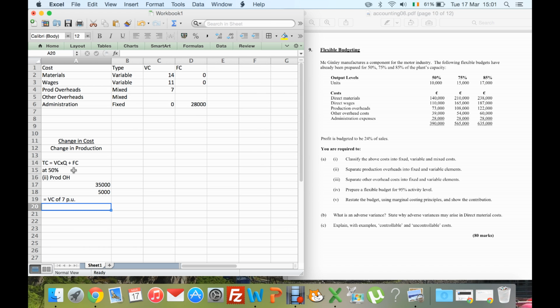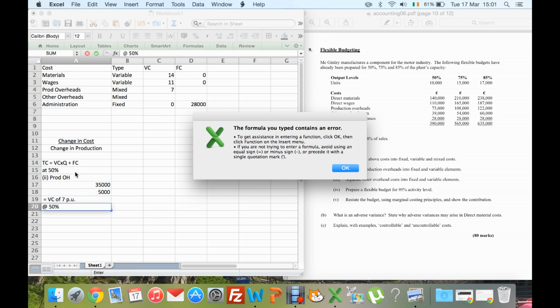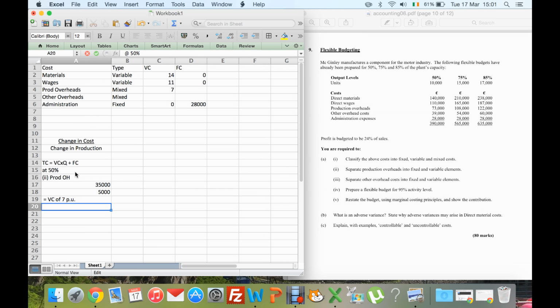I just choose a particular level of production, so at 50%, our total cost at 50% production overhead is 73,000, which equals 7 per unit, so 7 times Q, which is 10,000, plus fixed costs. 7 by 10 is 70, so 73, so fixed cost must equal 3.